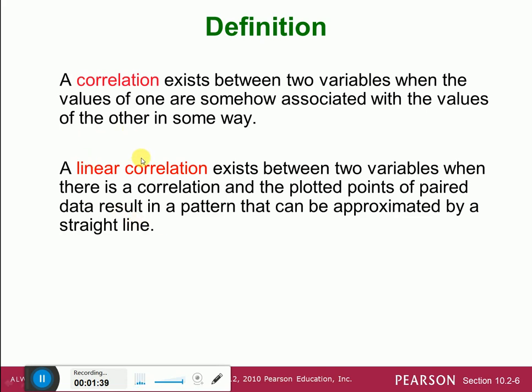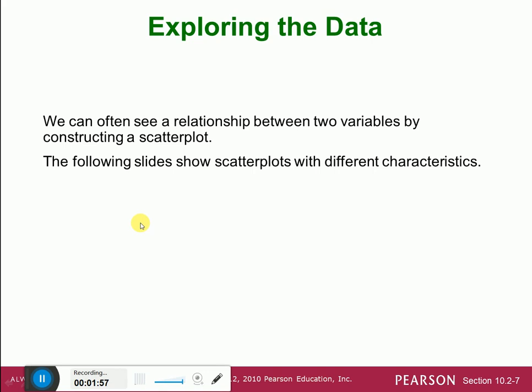A linear correlation exists between two variables when there is a correlation and the plotted points of paired data result in a pattern that can be approximated by a straight line. We can often see a relationship between the two variables by constructing a scatter plot, or just plotting the points on the graph, and we can see that they should form a straight line.